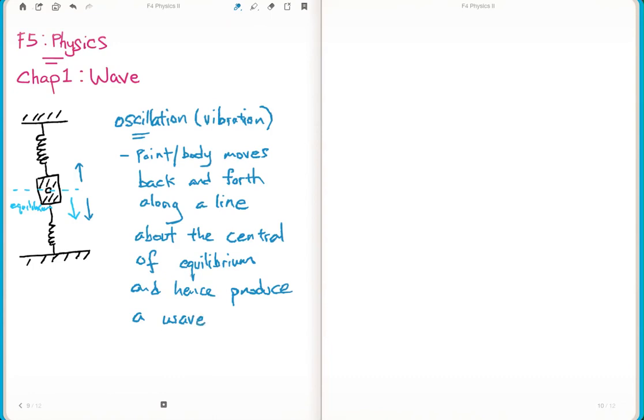So this is actually what happens. It's a point, a body, moving back and forth along a line of equilibrium and producing a wave.